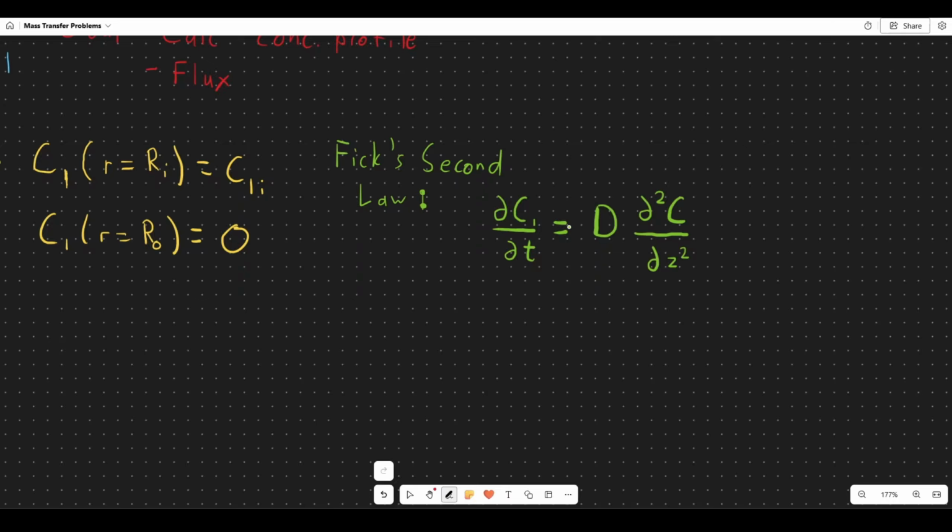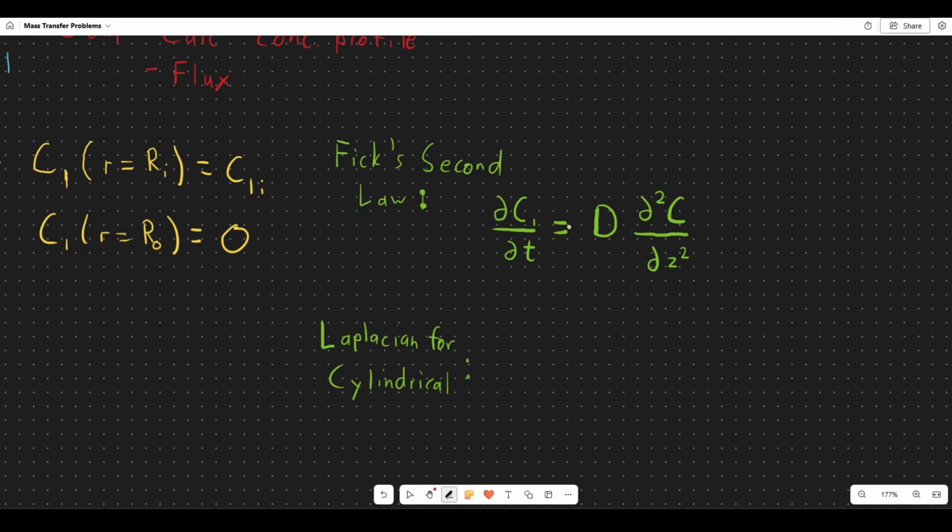So what you want to do is look at the Laplacian for cylindrical coordinates. What is that?